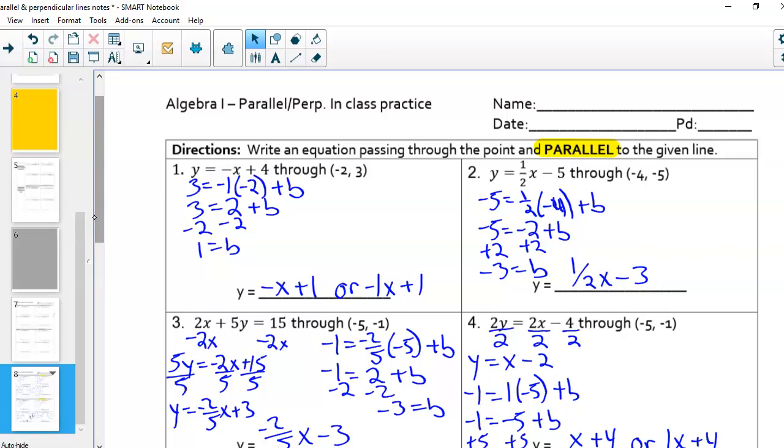So I'm just going to read through the equations, and then we can go over any questions you have. For number 1, your equation was negative x plus 1.